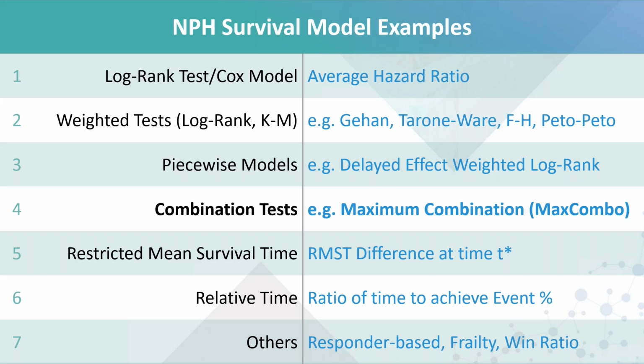Therefore, the difference in restricted mean survival times can be interpreted as the additional mean increase in life expectancy up to the truncation time. For example, 10 months of additional survival on average in the treatment group.